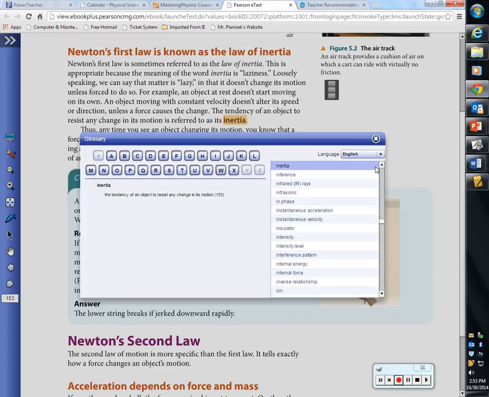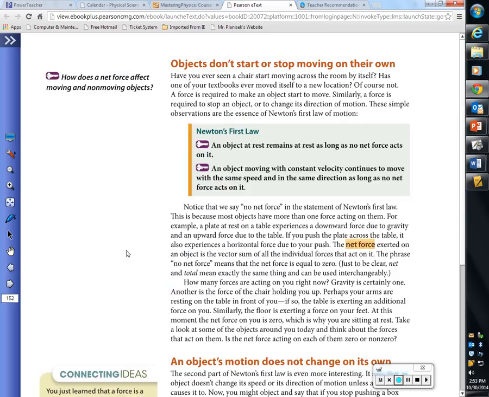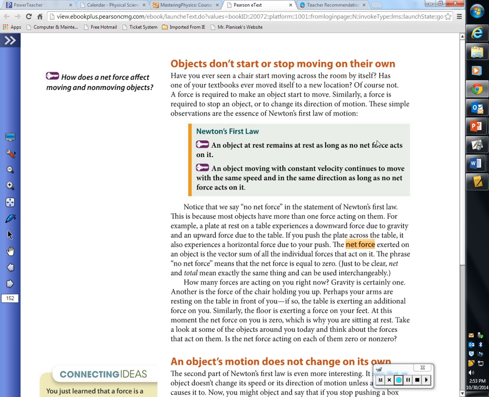But anyway, Newton's first law deals with inertia, things staying the same. Things will continue doing what they are currently doing unless something makes them stop or makes them change. That thing that makes them change we refer to as net force.